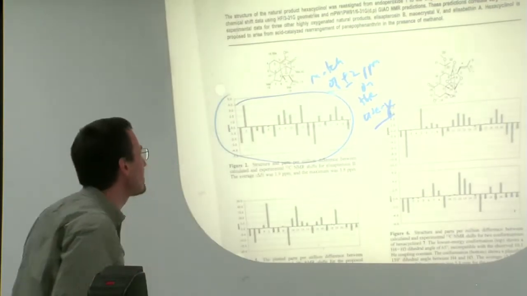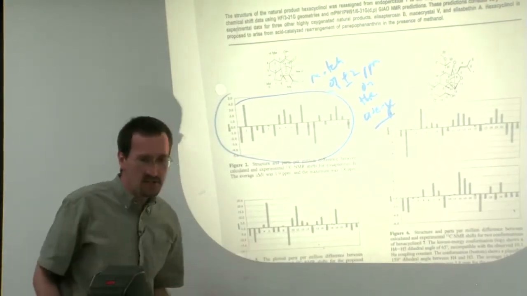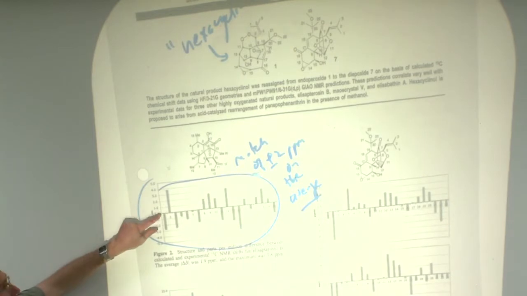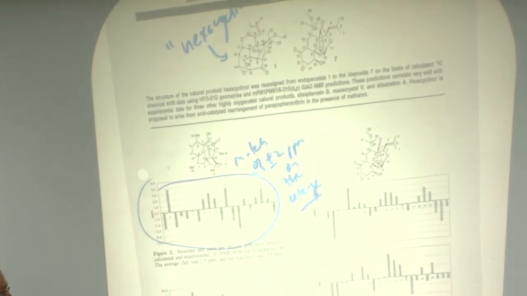All right, so confident of his methodology, he then took the structure of hexacyclinol, and I'll put this in quotes here, as you'll see in a moment, and found a terrible match. The vertical scale on the previous graph is from 0 to 5 parts per million.